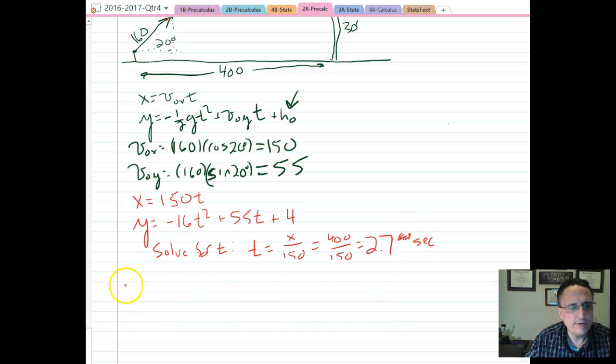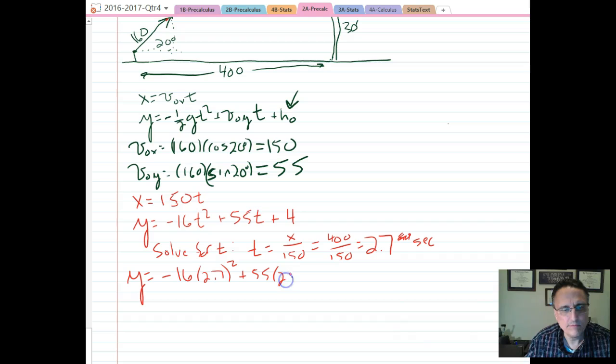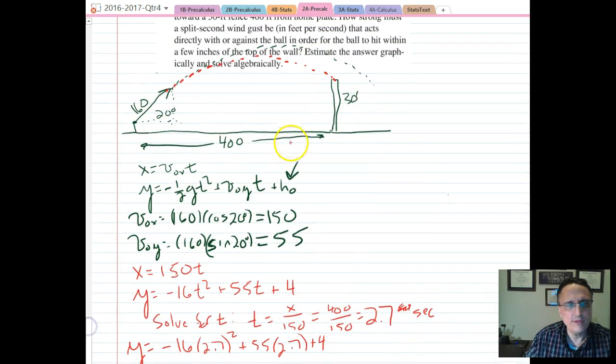What we want to do now is figure out how high the ball is at 2.7 seconds. So we're going to take the 2.7 and put it in for t into this equation here. And remember what we're trying to do here, because I know that at 2.7 seconds the ball will have traveled 400 feet along the x-axis. So we're trying to figure out where along this line right here is the ball at that exact moment.